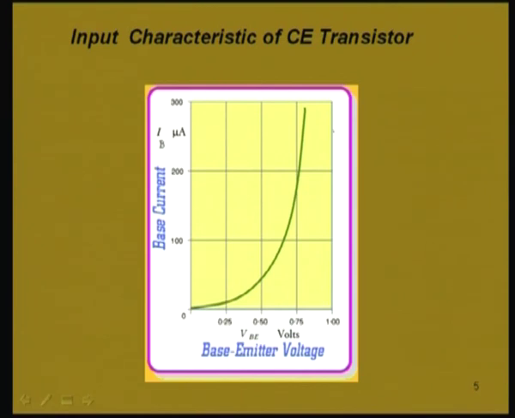This is a very familiar characteristic we know from our earlier PN diode, that is, it is nothing but a forward biased diode characteristic. So, when you go on increasing the voltage across this diode, there is an increase of current which sharply increases after the threshold voltage, that is 0.7 volt for silicon.